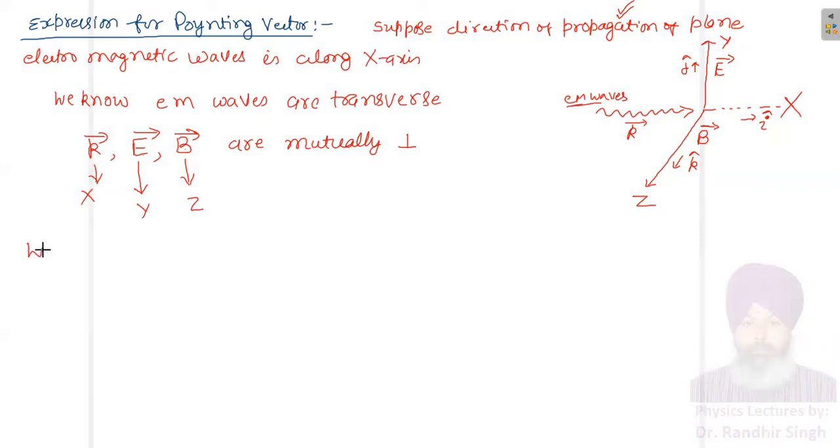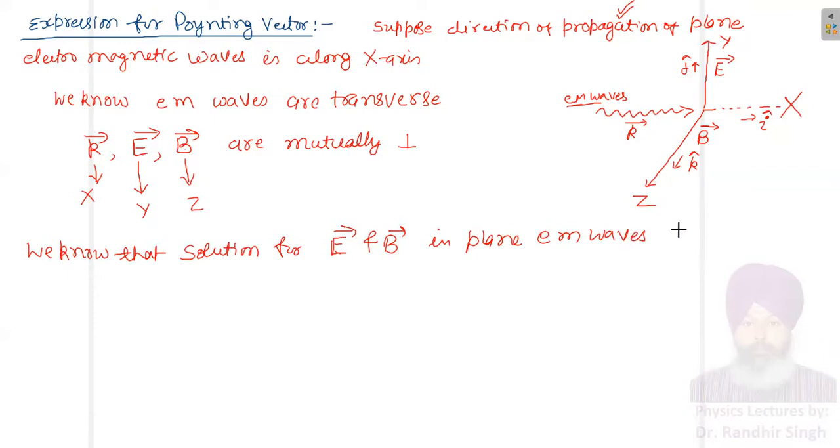We know that the solutions for E vector and B vector in plane electromagnetic waves are given as follows. Let us write these solutions and we have to remember these.